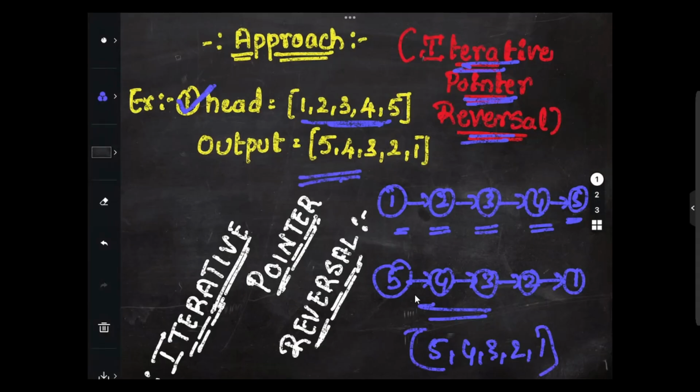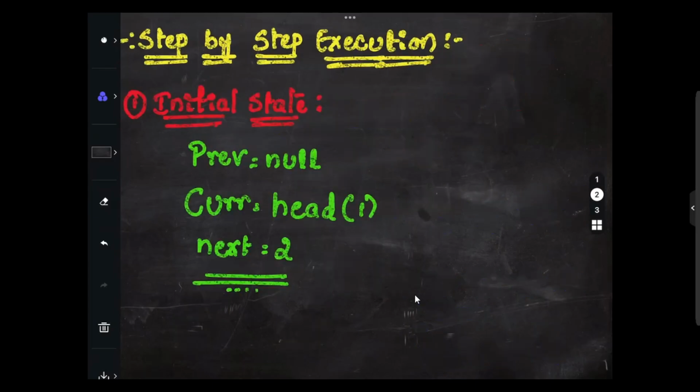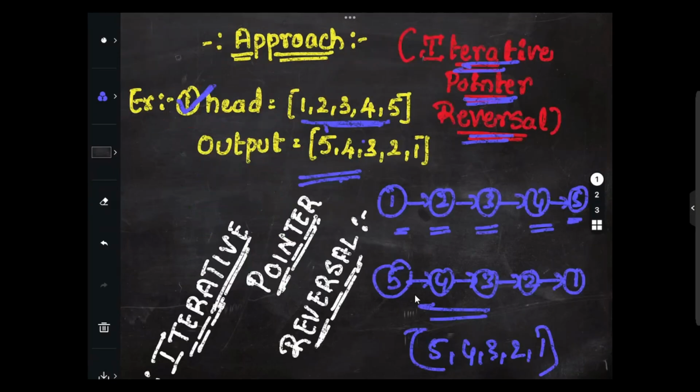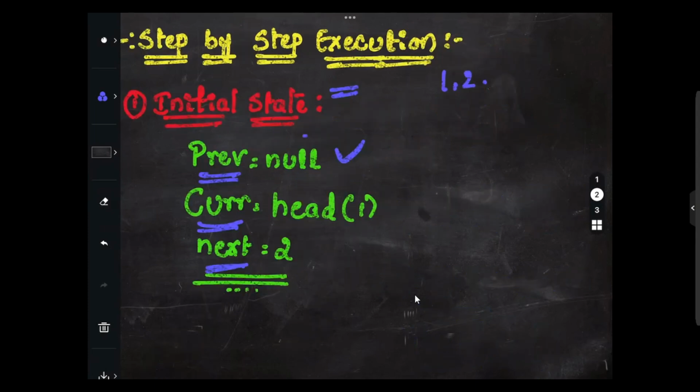Let's understand the step-by-step execution. The first step is the initial state. We are going with the variables previous, current, and next. Let me write it here, 1 2 3 4 5 within the list. Current is 1, next is 2, and previous we don't have anything, so we consider null.